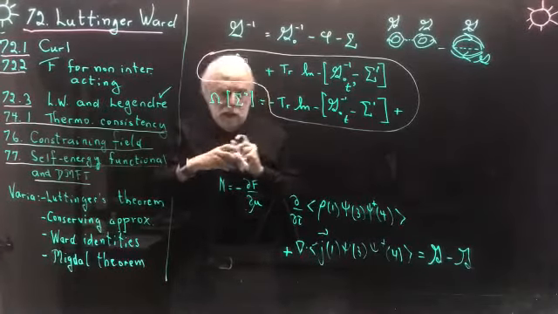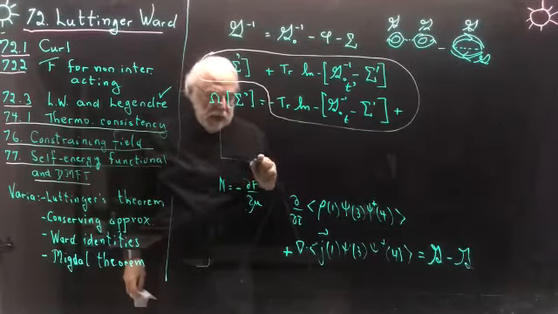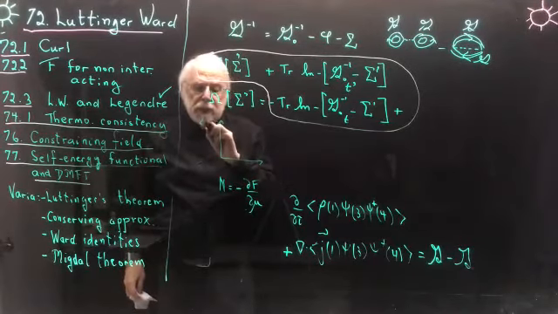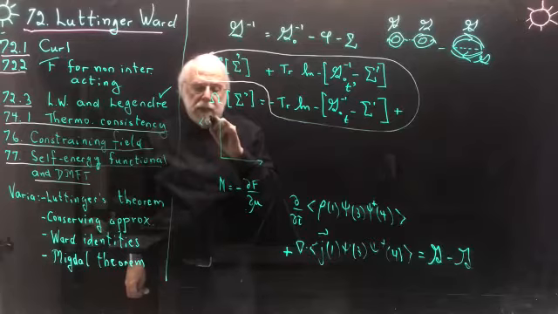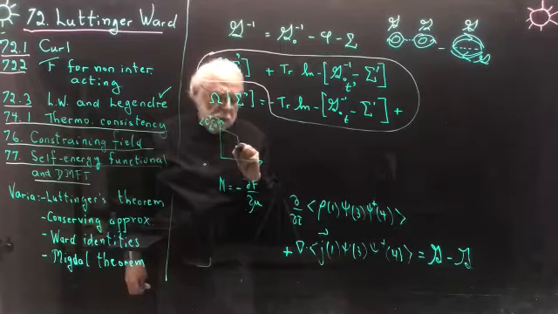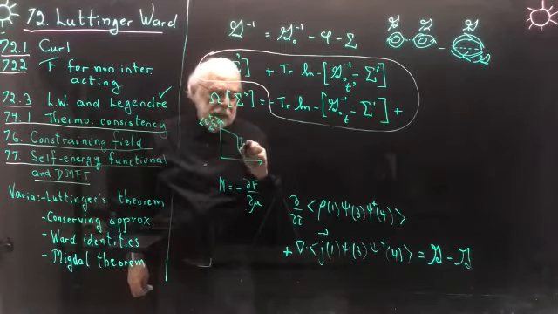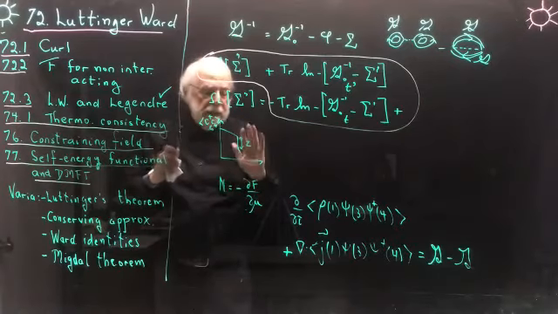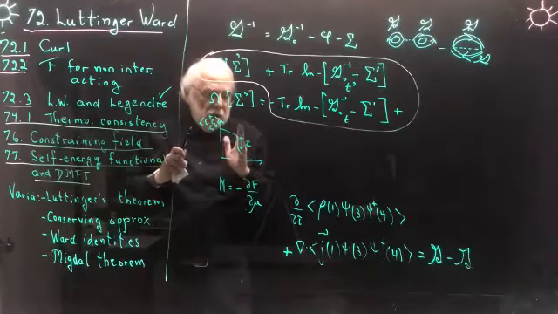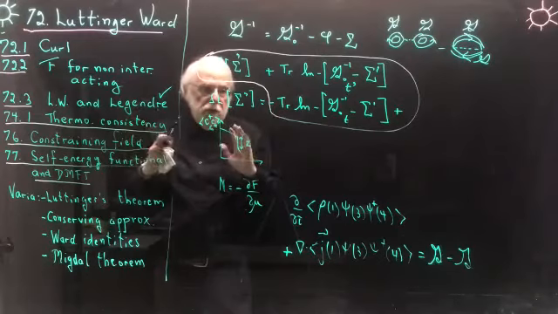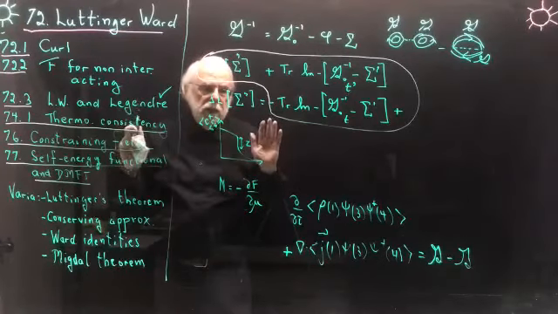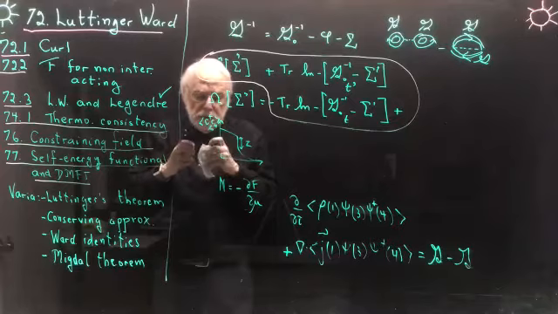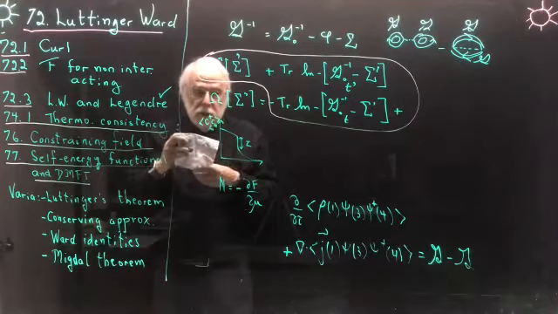So we saw that the n of k at zero temperature, the expectation of let's say C dagger k, Ck at zero temperature, has a jump whose height is z if there are quasi-particles. So Luttinger's theorem is the statement that you can define a Fermi surface this way, and the volume of the Fermi surface is conserved by interactions. So interactions can change the shape of the Fermi surface, but they cannot change the volume.